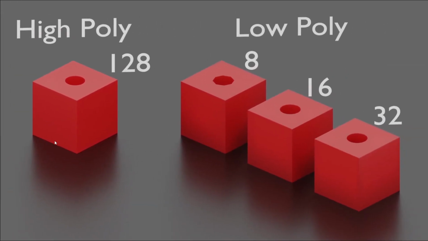Let's quickly check another example. On the left side we have the high poly model. 128, this number tells us how many edges this circle has. On the right side we have low poly models, and those low poly models have a normal map assigned. And the numbers of course indicate how many edges each circle has.